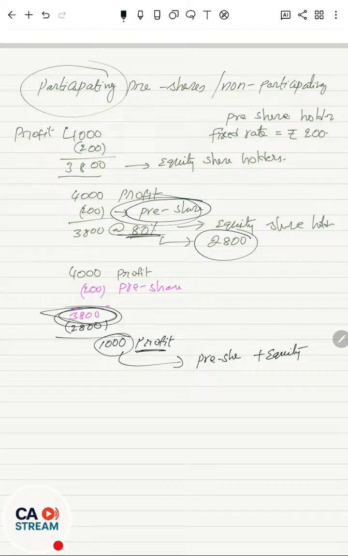Out of the share of the equity shareholders, the preference shareholders again get some share. That is nothing but participating shares. If there is no such rule or condition, it will be treated as non-participating shares. Sir, can you please explain again?